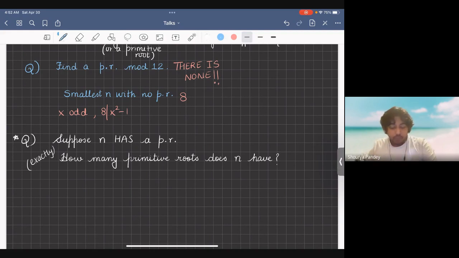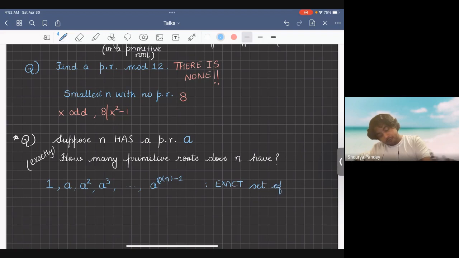Let me just get you started with the problem. Suppose this primitive root is a. Then you know that a, a squared, a cubed, all the way up to a to the phi of n minus 1, and then 1 itself, is the exact set of natural integers co-prime to n modulo n.